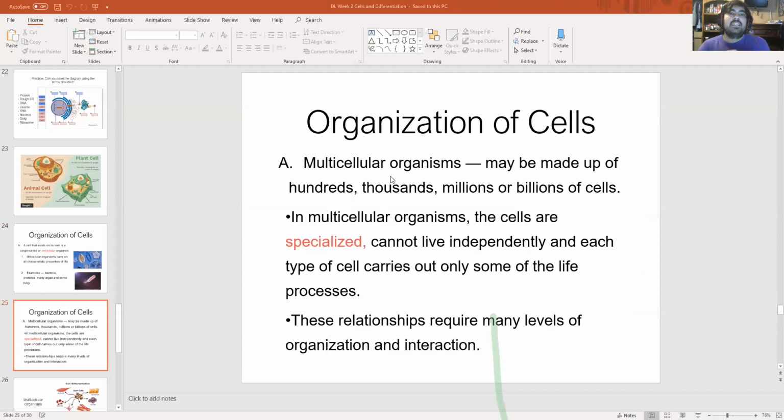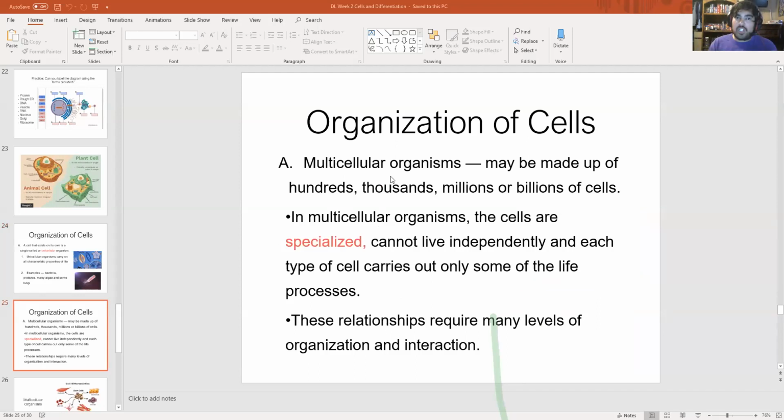We have different cells for different things. So we have muscle cells, we have blood cells, we have nerve cells, all that kind of stuff, right? And all of those things have a specific job. We talked about this in cell differentiation.